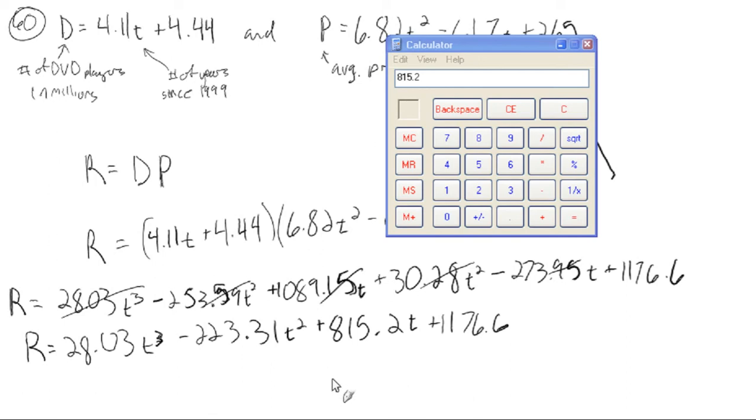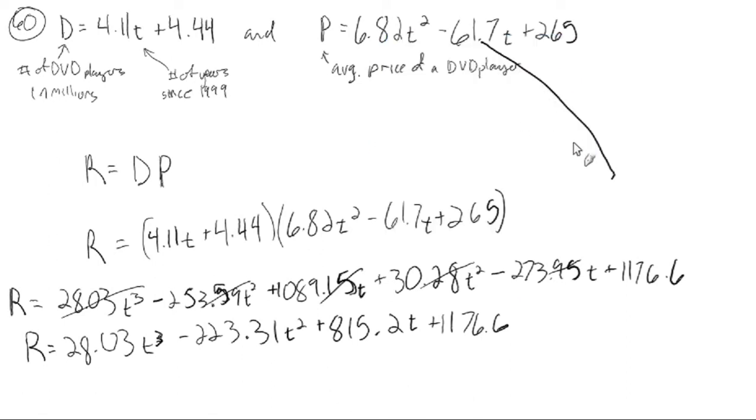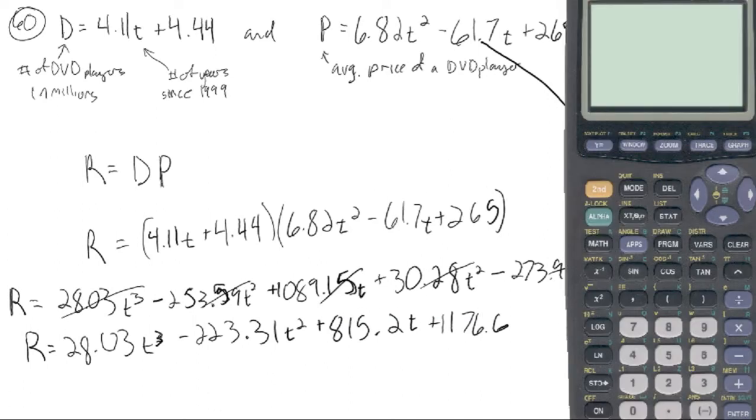We need to put a 3 in for t. So I'm going to get my graphing calculator to do all of this. It's just the right tool for the job. So let's put all this in, making sure to put in 3 for t.